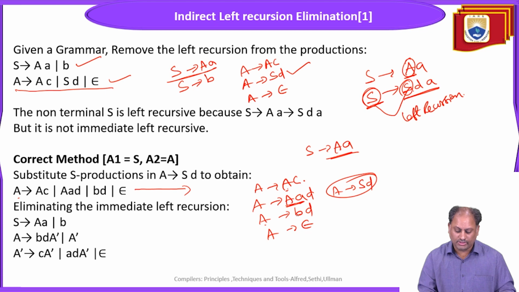And we can also apply b, because S derives b. So A we can replace with b d, and A derives epsilon.